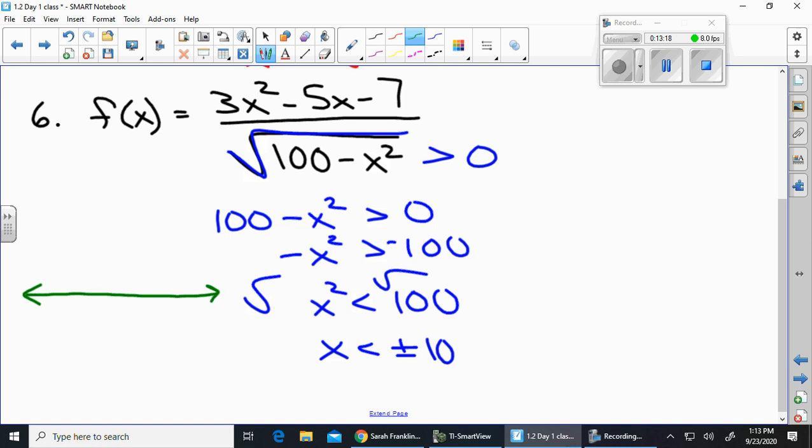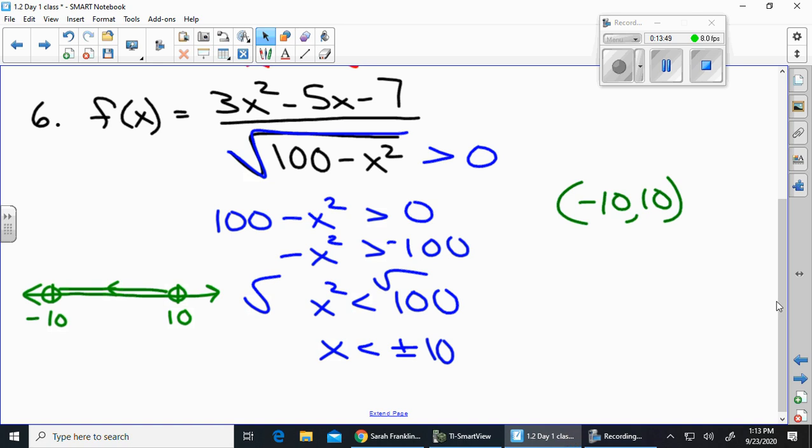Less than is a between. So what that means is less than 10 would be there, but then what you get for 8, you're going to get the same thing for negative 8. So anything is going to work there between negative 10 and 10. So left to right, negative 10 to 10, that's your domain.